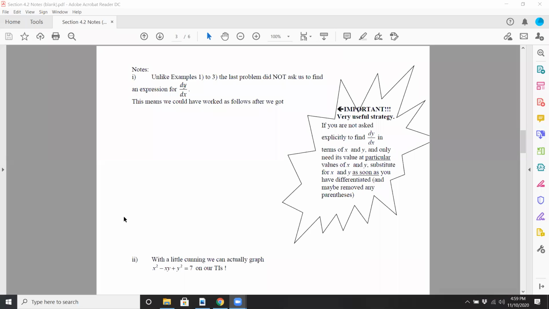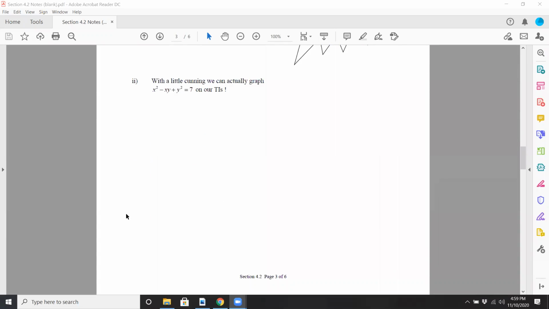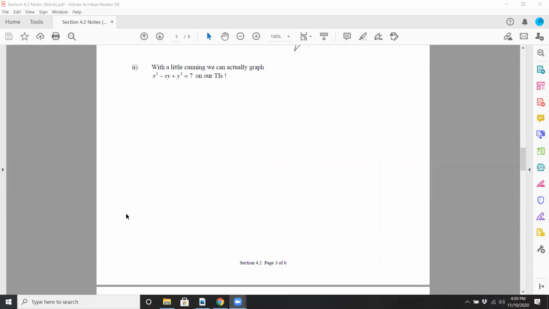Now we could actually graph this in our calculator. You have to be a little creative. It doesn't work all the time, just so you know. For example, I don't think this would have worked for example 1.